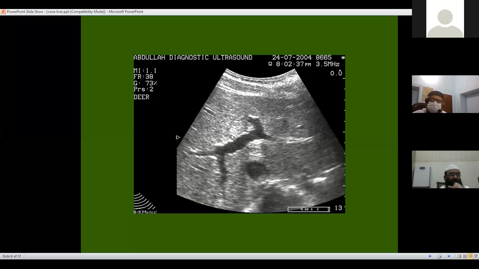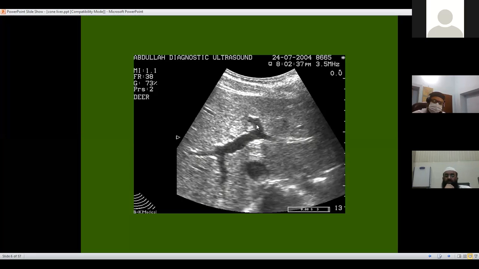And very interestingly for our trainees, we consider this portal venous branching pattern just like a running deer. You can see the neck of the deer, the anterior leg and the hind leg, the tail.